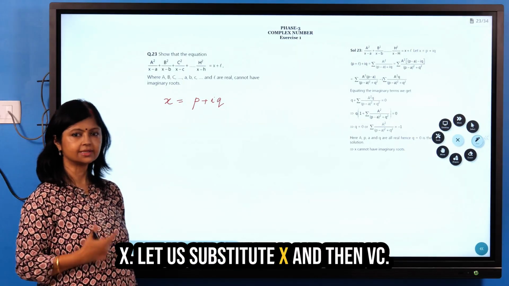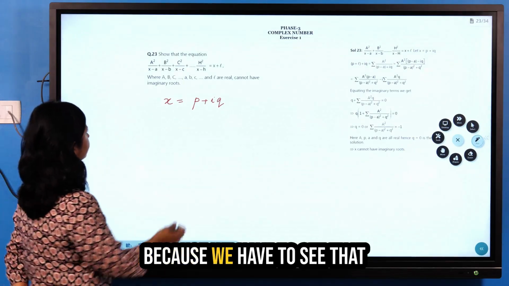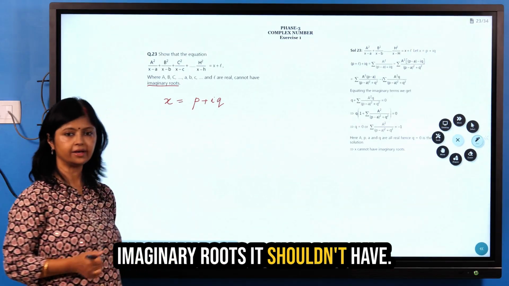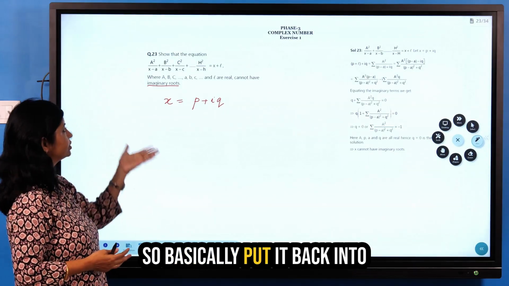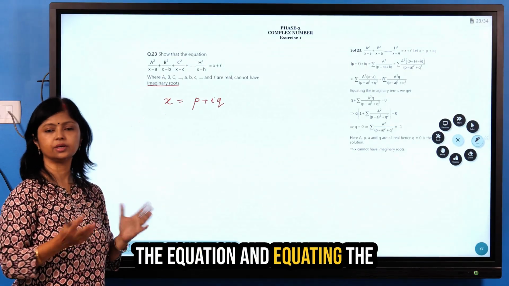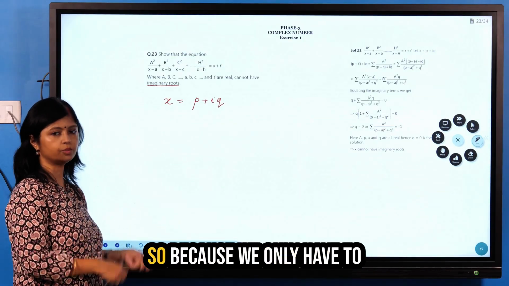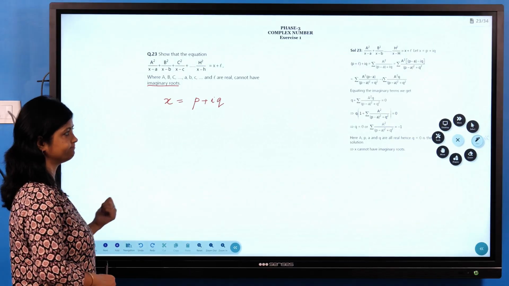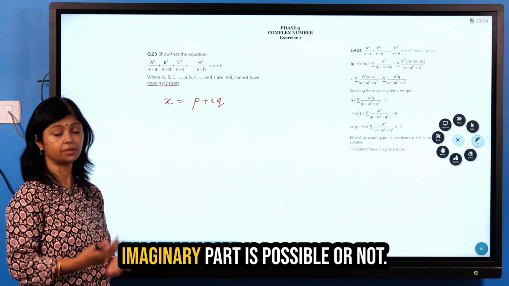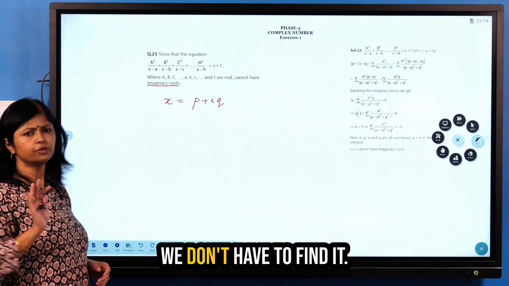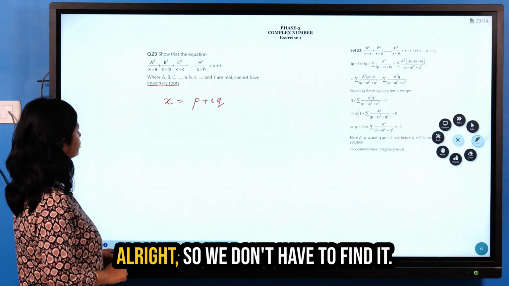Let us substitute x, because we have to see that imaginary roots it shouldn't have. So basically put it back into the equation and equate the real part and imaginary part. We only have to see whether an imaginary part is possible or not. We don't have to find it.